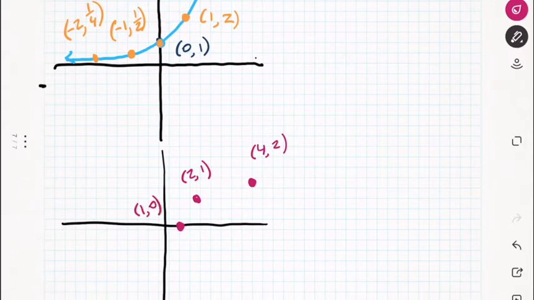And then when it gets to the tricky ones, -1, 1/2 becomes 1/2, -1. So it's like here. So that would be your 1/2, -1. And then we have -2, 1/4, which is going to become 1/4, -2. So it's got to get even closer and go a little bit further down.